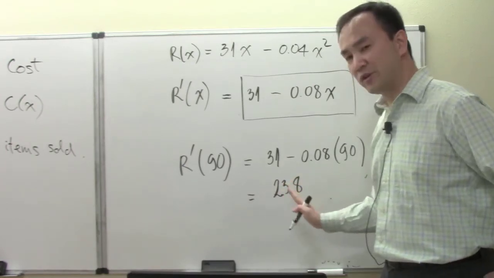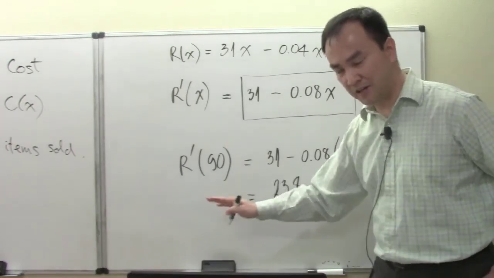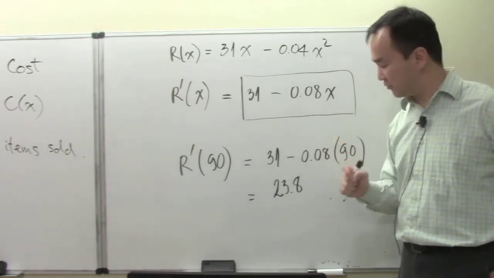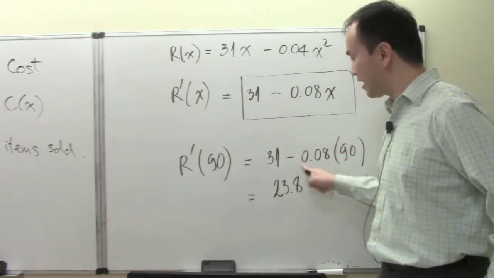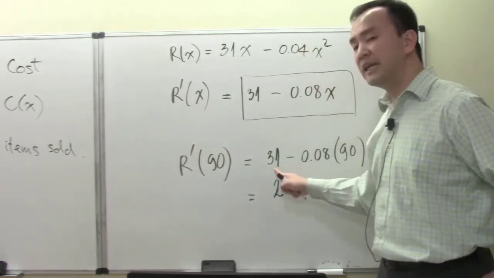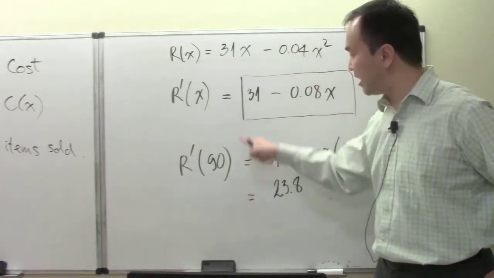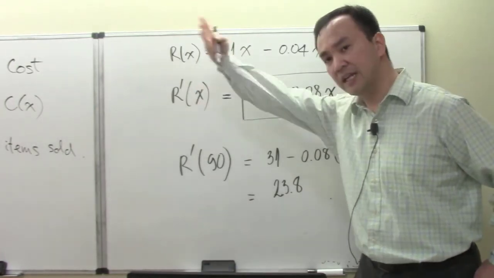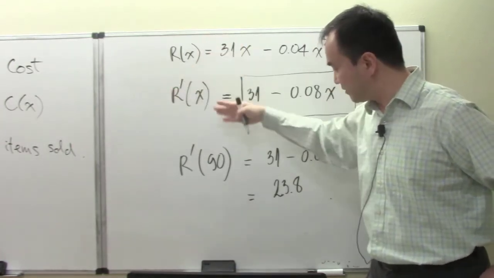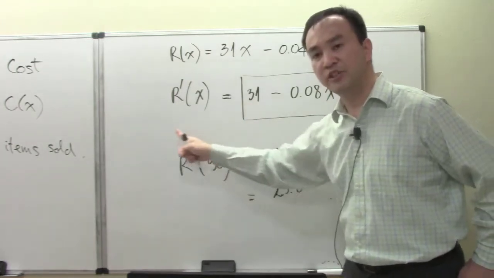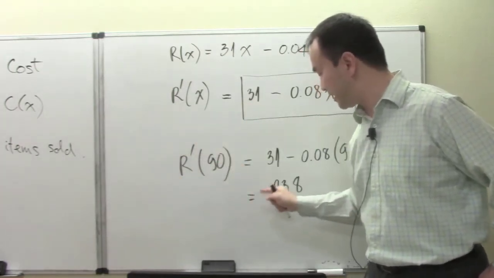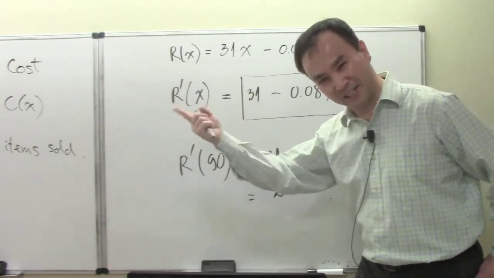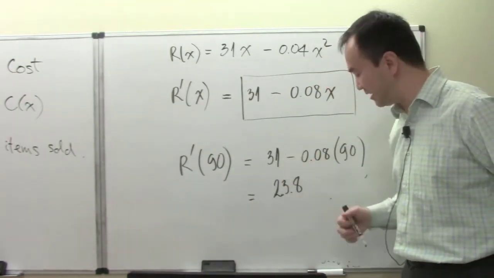I'm pretty sure anyone who has seen another video lesson of mine where I showed direct examples can understand this quantity, this outcome here, as the instantaneous rate of change of the revenue function. This is the revenue function. The derivative is the instantaneous rate of change of revenue at the instant that we're selling particularly 90 units for that company, Mike's Parts Company Incorporated.